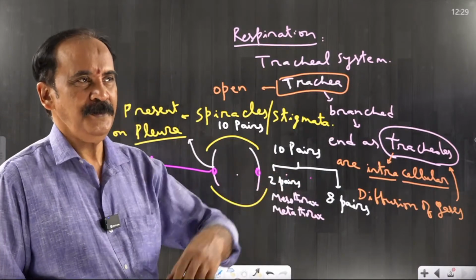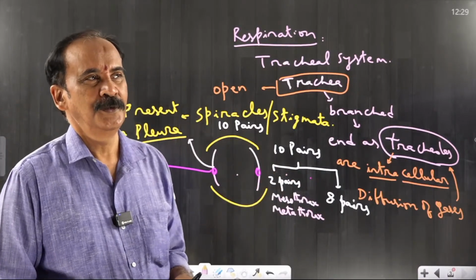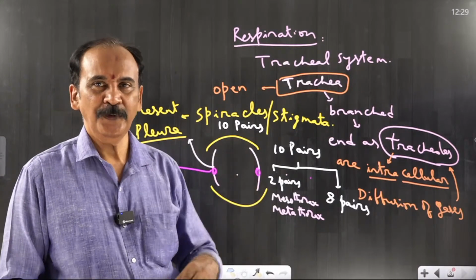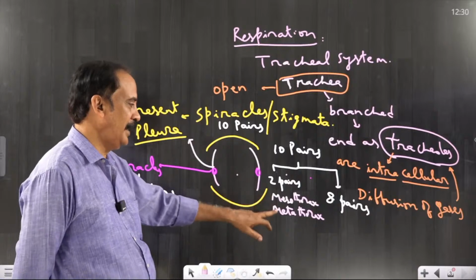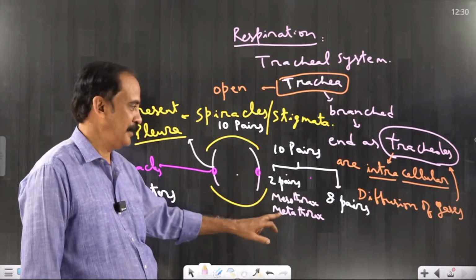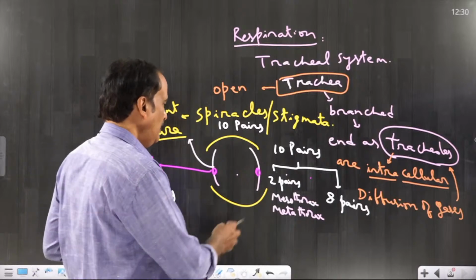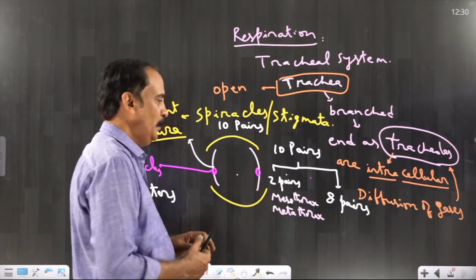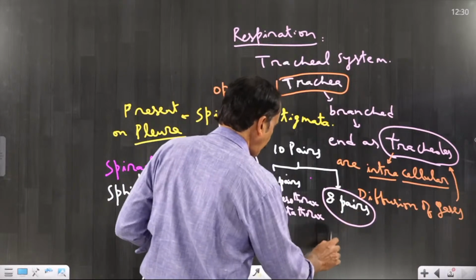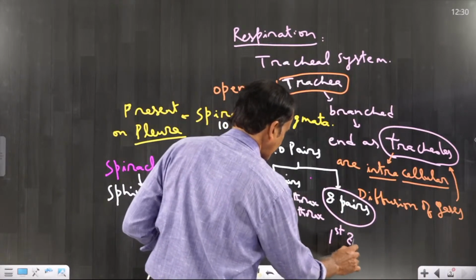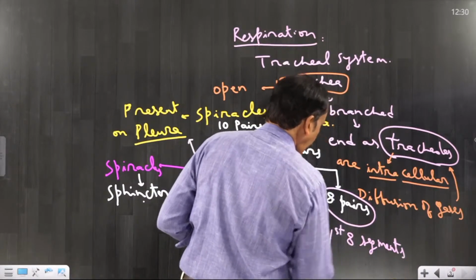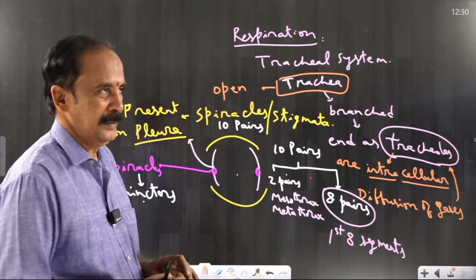Similarly, prothorax is without wings. Cockroach is provided with 2 pairs of wings. The first pair is present in mesothorax, the second pair in metathorax, that is forewings and hind wings. So prothorax is without spiracle and without wings. The 8 pairs of abdominal spiracles are present in the first 8 abdominal segments.